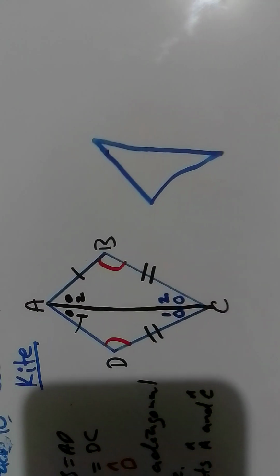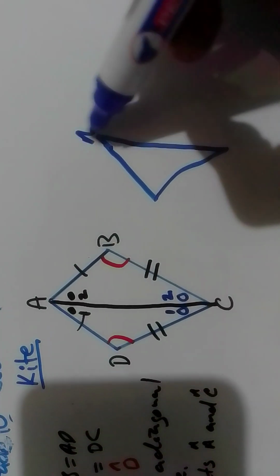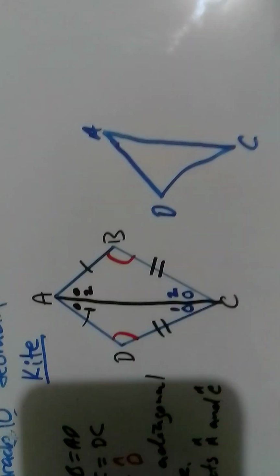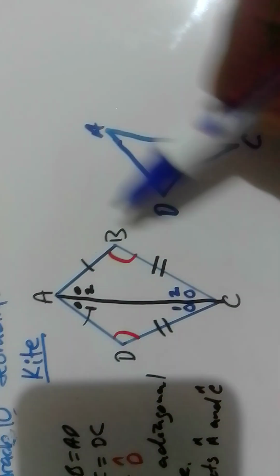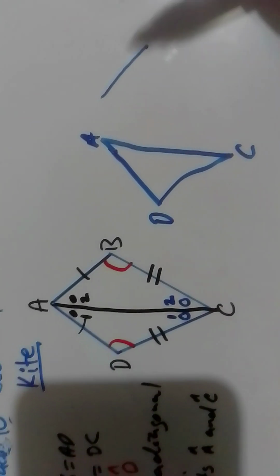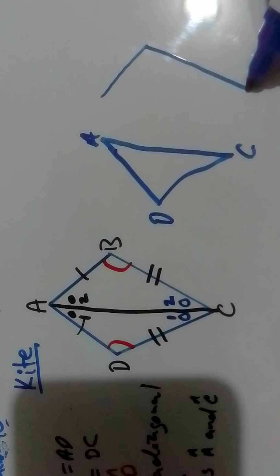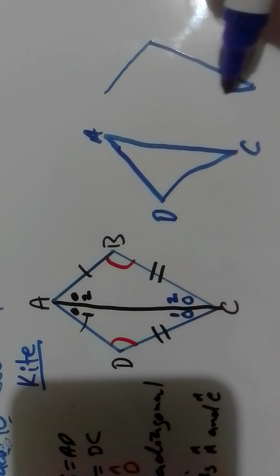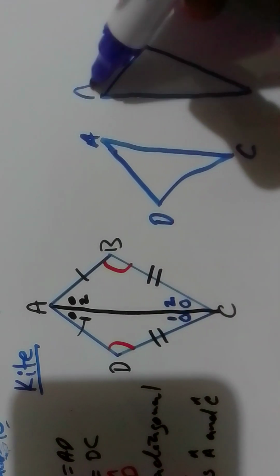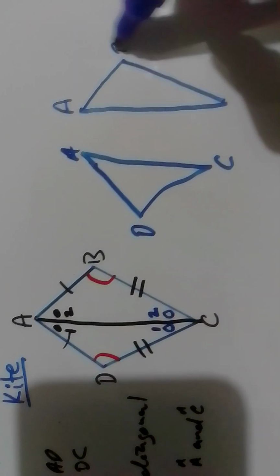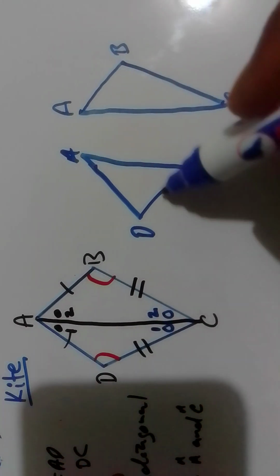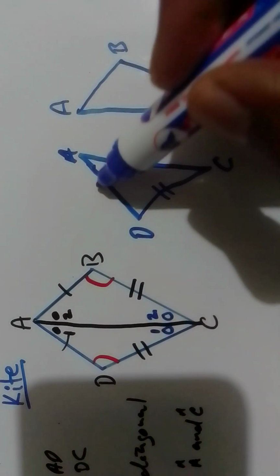So we would say this is point A, D, and C. And then if I'm to draw triangle ABC, it would look like this. Okay, so this is A, B, and C.